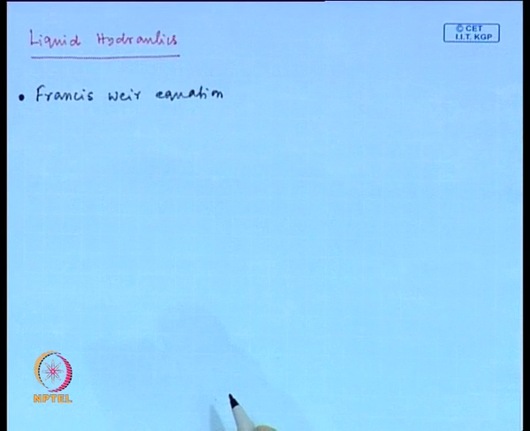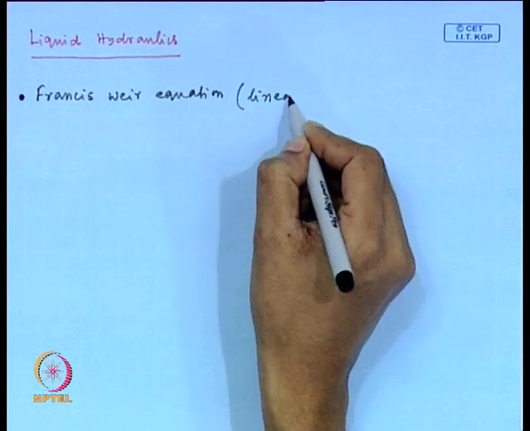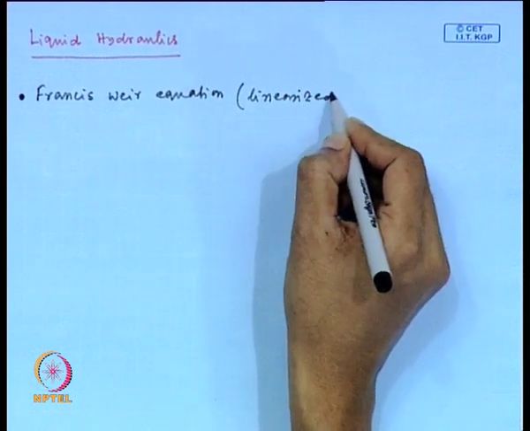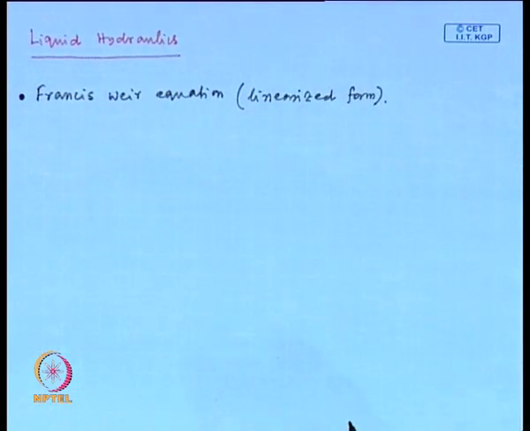So, for the example distillation column, we will consider the simplified form of this Francis-Weir equation, and that is the linearized form. So, we will consider the linearized form of Francis-Weir equation.